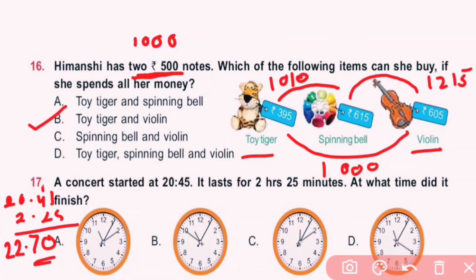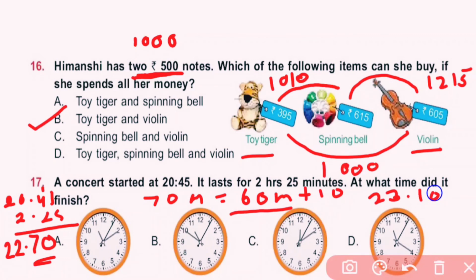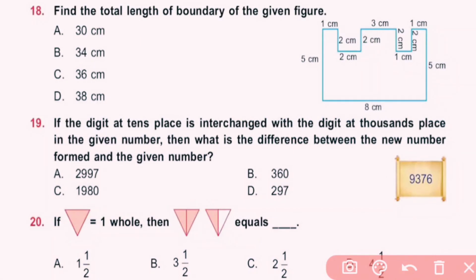But 70 minutes is equal to 60 minutes plus 10 minutes. This 60 minutes is equal to 1 hour. So time will be 23:10. Now this 23:10 will convert into 12-hour clock. It will be 11:10. 11:10 means the option A is right.